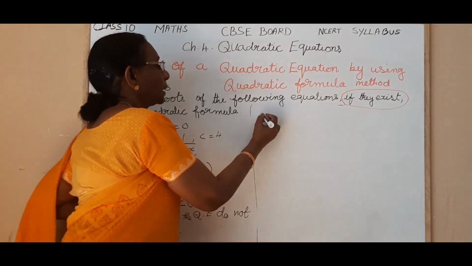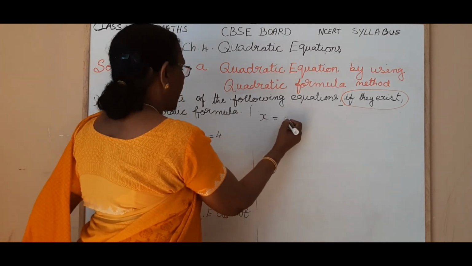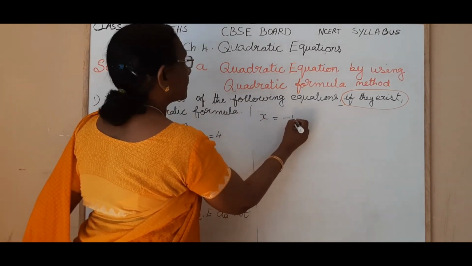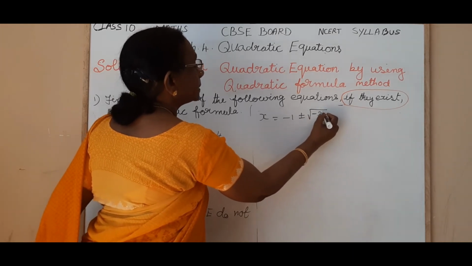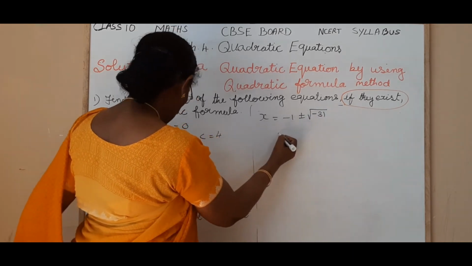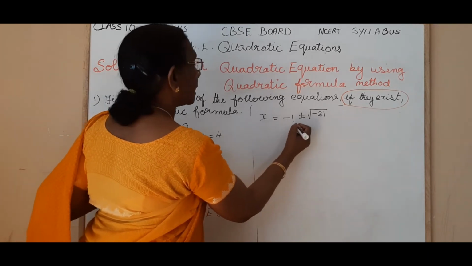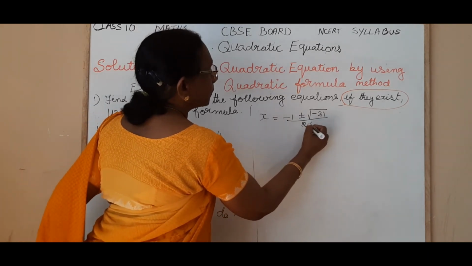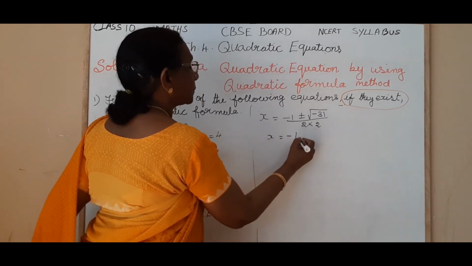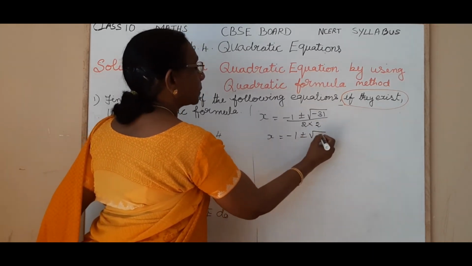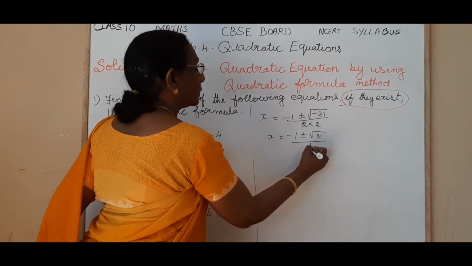Substitute also, what do you get? x is equal to minus b, that is minus 1, plus or minus root of minus 31 by 2a, 2 into 2. That is x is equal to minus 1 plus or minus root of 31 by 4.